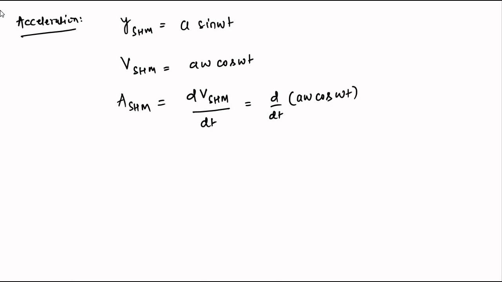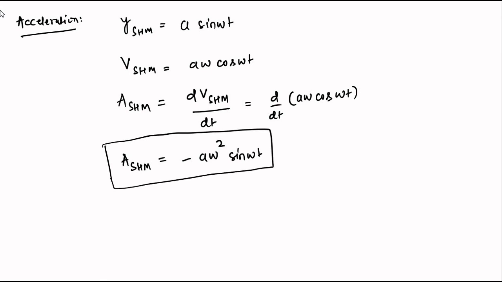That will be equal to minus a omega square sin omega t, because the derivative of cos is minus sin, and because of the chain rule, omega t gives omega, and this constant goes outside. So this is the general expression of acceleration of SHM.